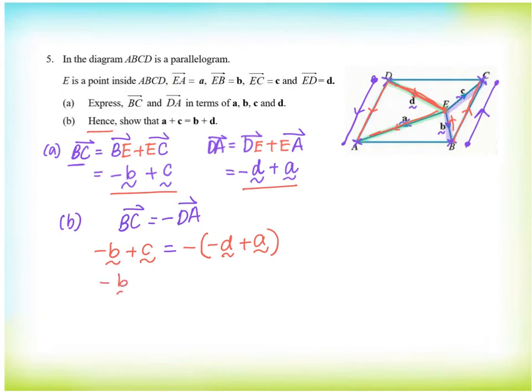We have negative B plus C. And this one over here, we'll change the sign to be D minus A.